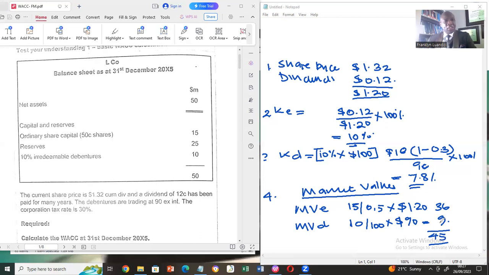The proportion now, 36 out of 45 will be 80%. That's the proportion. 9 upon 45, that is 20%. So the total there becomes 1. Are we together there?